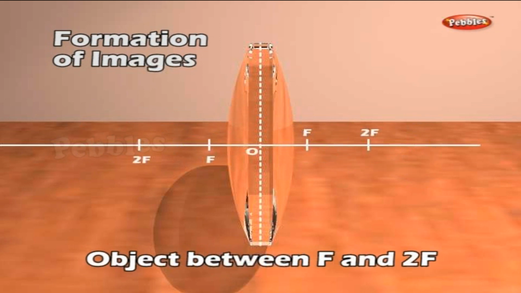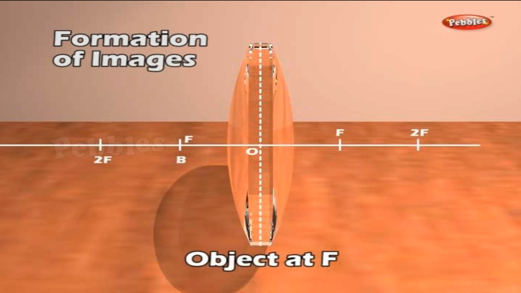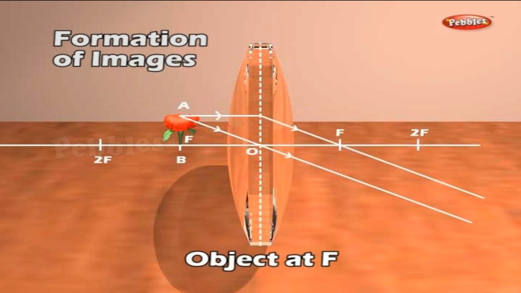Object between f and 2f: the image is beyond 2f, real, magnified, inverted. Object at f: the image is at infinity, real, magnified, inverted.